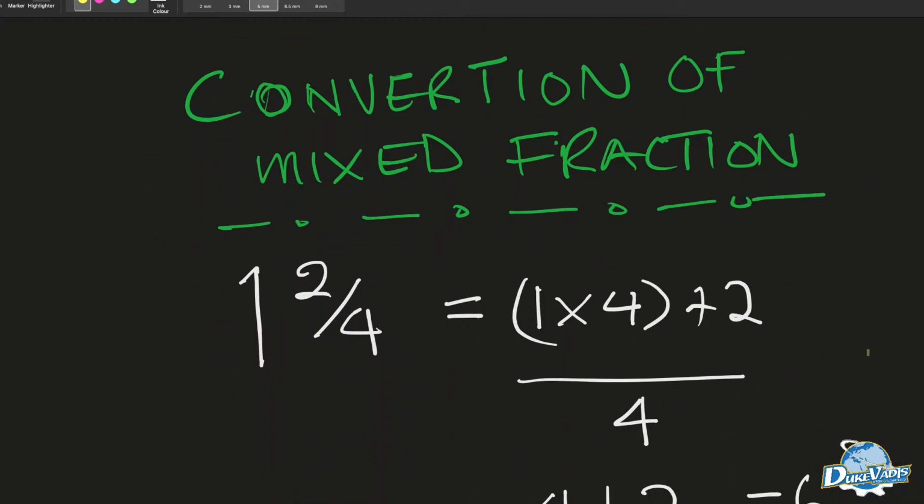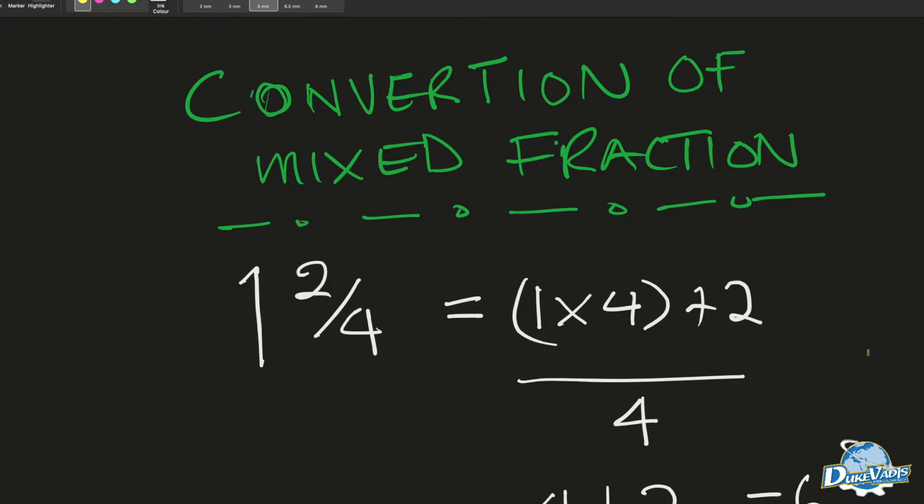Now I said in life, if we are going to work with whole numbers and fractions together, it will always pose difficulty. So we have to think of being able to convert our mixed fraction to a single fraction so that life will be easy.